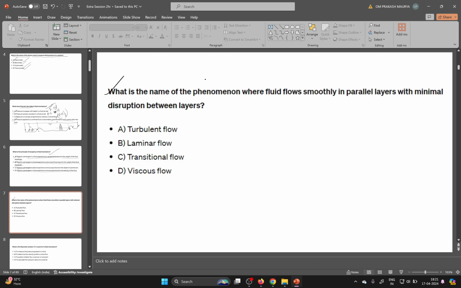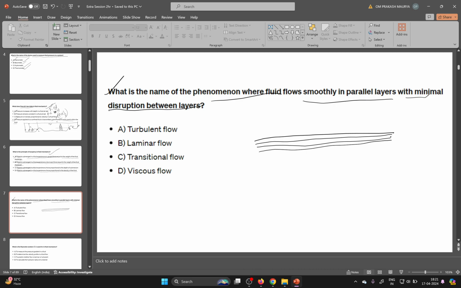What is the name of the phenomenon where the fluid flows smoothly in parallel layers with minimal disruption between the layers? Meaning here flow will be layer wise. In the zoom view I am showing here, very smoothly.